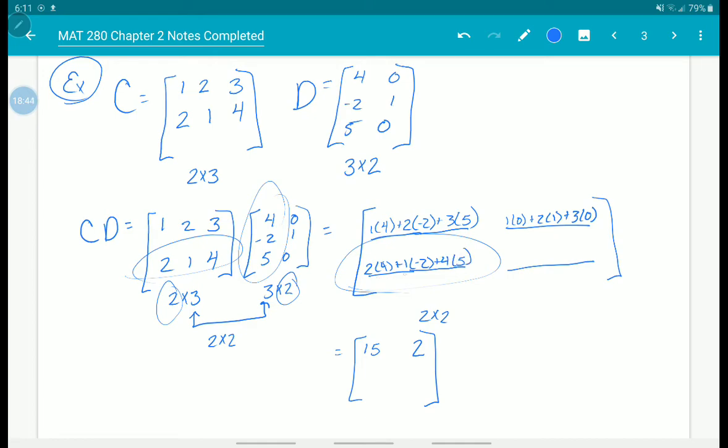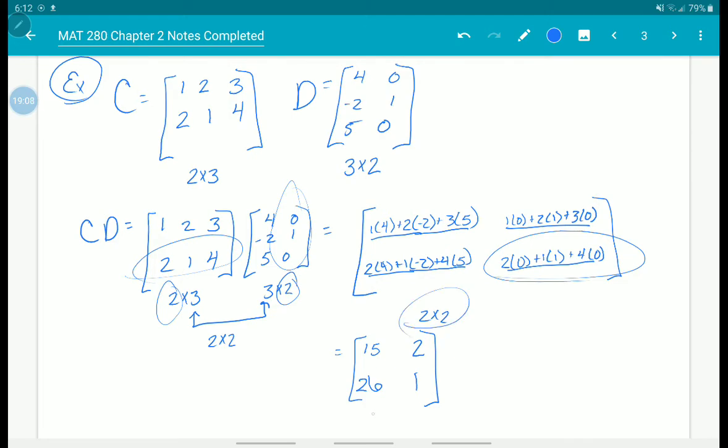So 8 minus 2 plus 20, 26. And then we need the last entry, which is in the second row, second column. So 2 times 0 plus 1 times 1 plus 4 times 0, which is just 1.